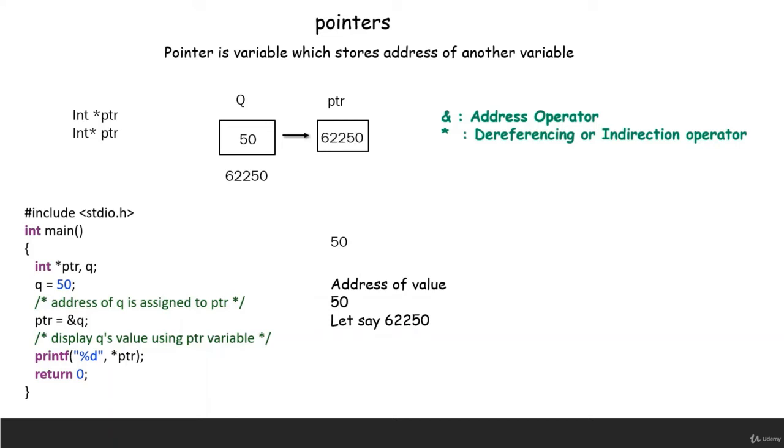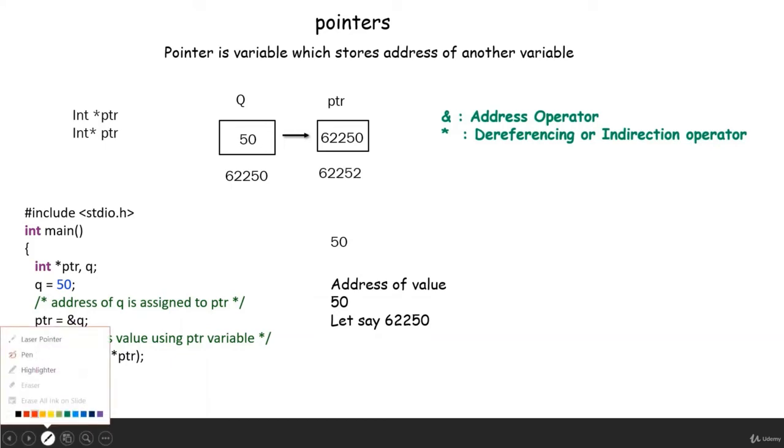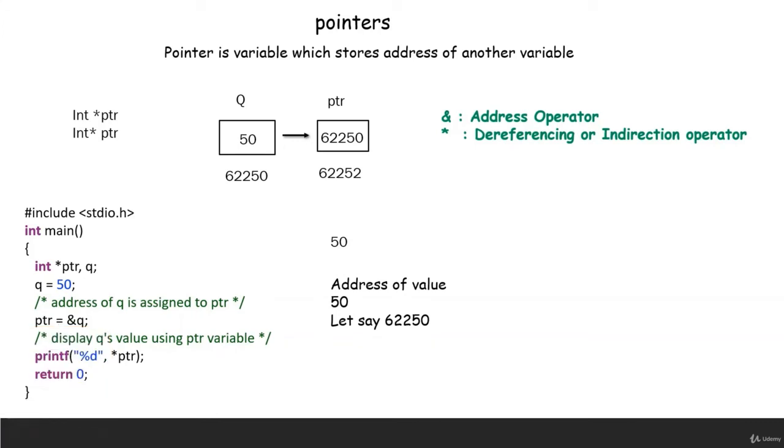And the pointer itself has the address 62252. Why? Because note that we have created int asterisk pointer, which means the pointer will take 4 bytes of memory. That's why the pointer will be stored at 62252.